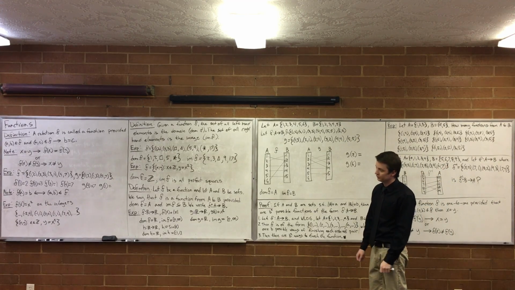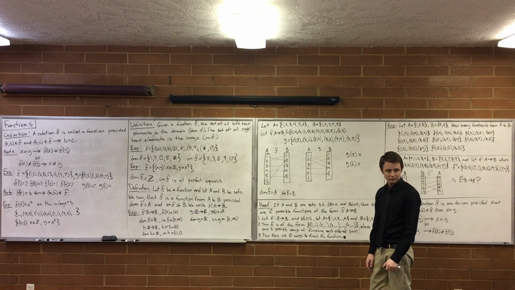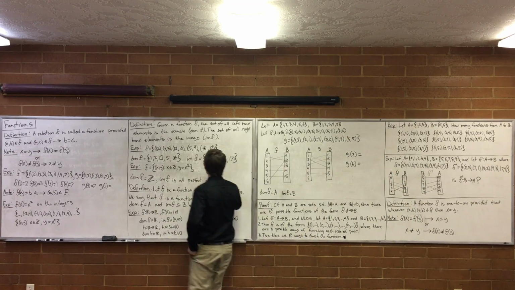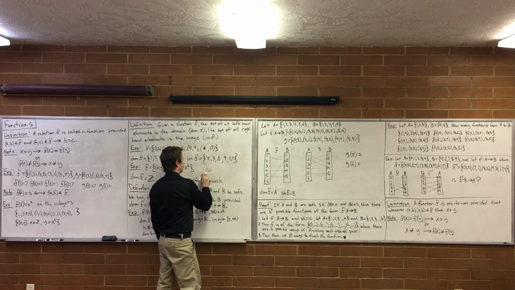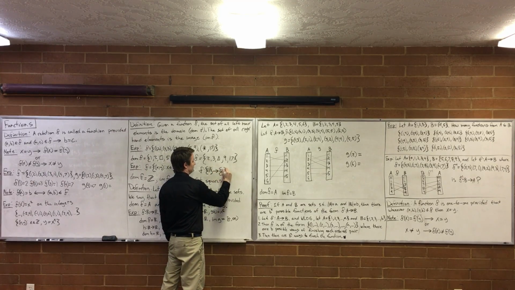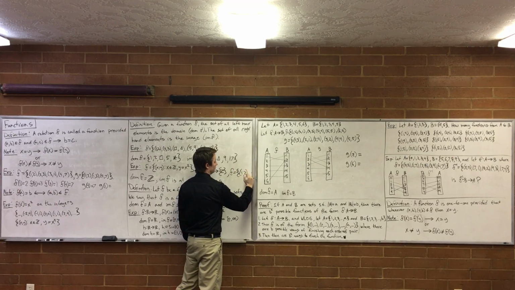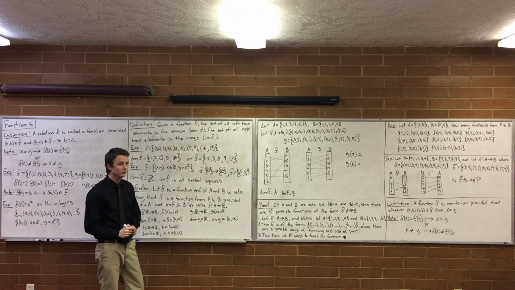I can also make a function from the set containing 1 to the set containing 2, where it maps 1 to 2. So I'll say that f is a function from the set containing 1 to the set containing 2, where f equals 1, 2. There's a really simple example. That makes a little more sense.